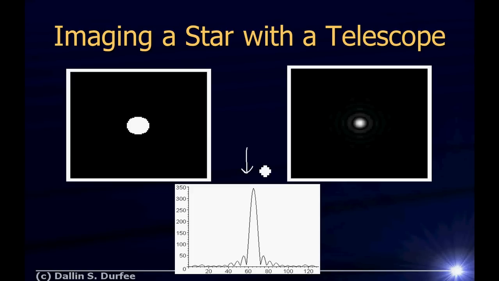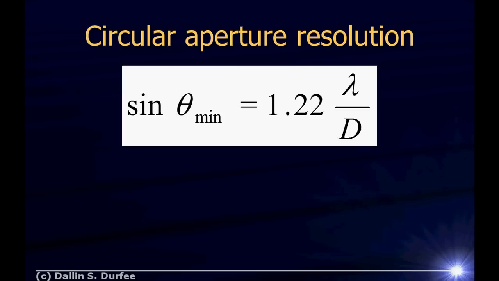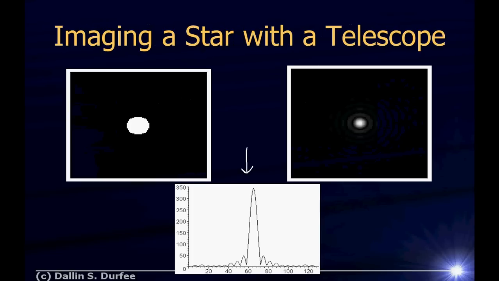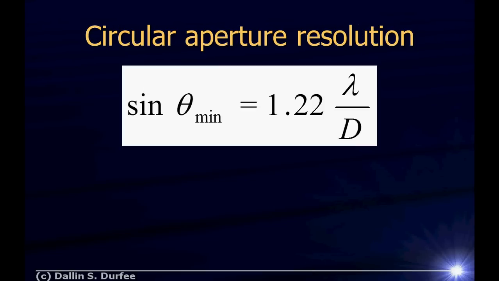Now, it turns out if you take the mathematical form of your Airy disk, the diffraction pattern of a circle, and figure out where that zero forms, you can find that the angular size of the smallest thing you can see with your telescope is just 1.22 times the wavelength over D. Where did 1.22 come from? Well, it's really not 1.22. It's an infinite irrational number, I believe, truncated to 3 decimal points.